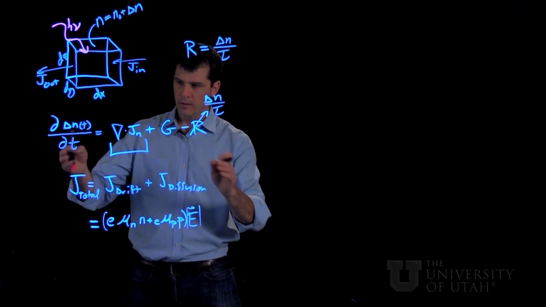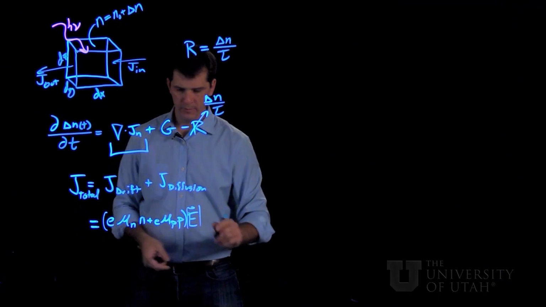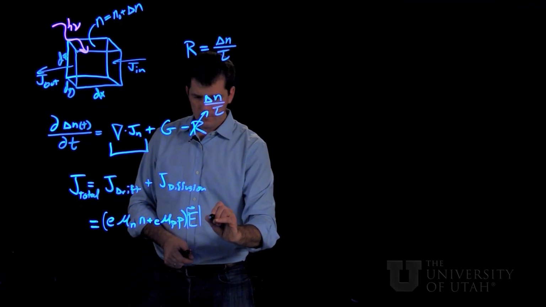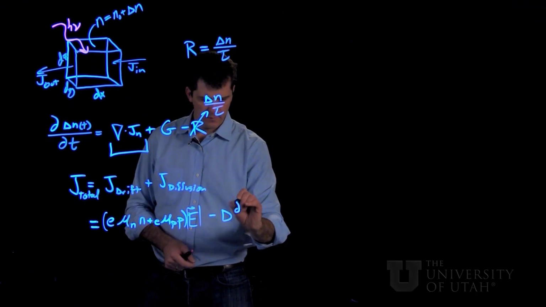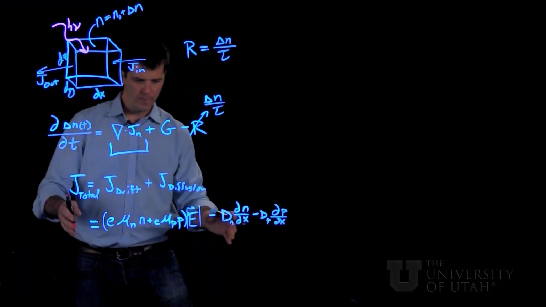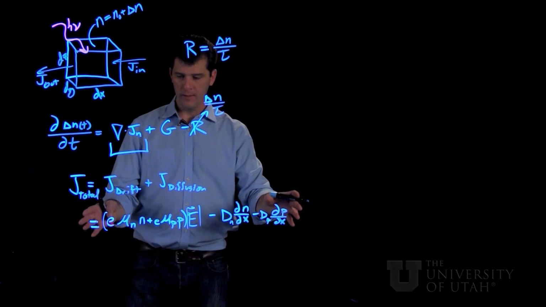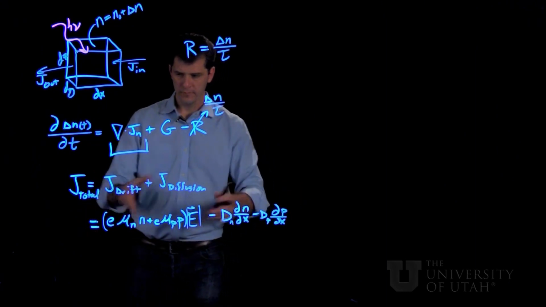And I'm just going to go from our 3-dimensional form to 1-dimensional here. And then the diffusion part is minus d. So this is the general form. I'm writing it out for both electrons and holes in the first line here.